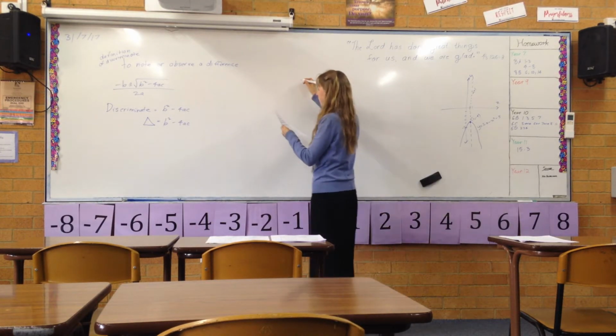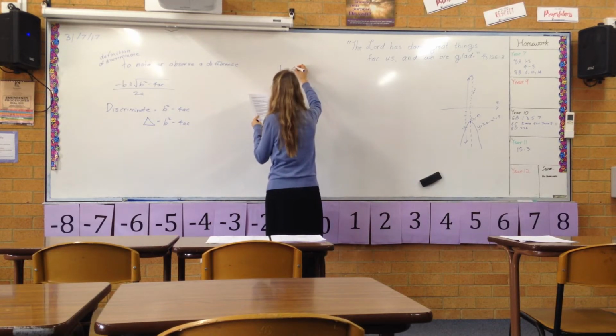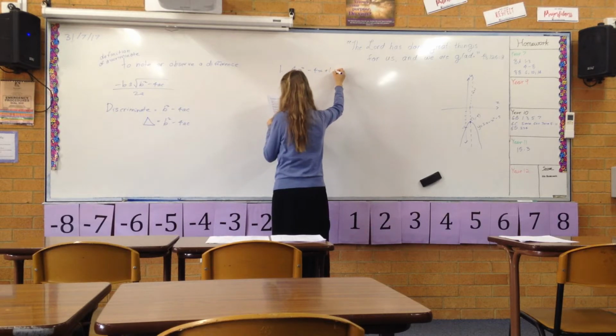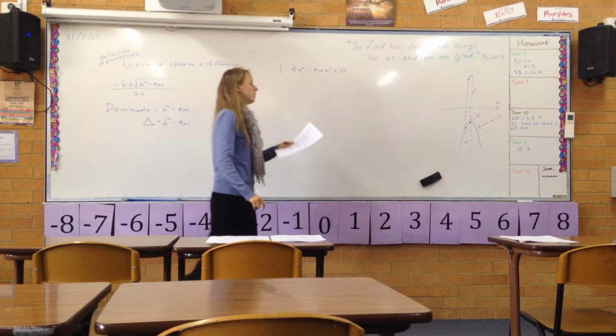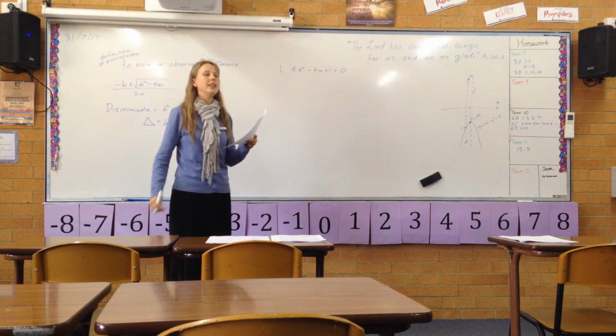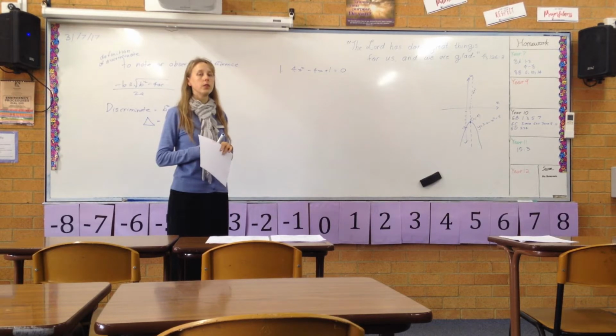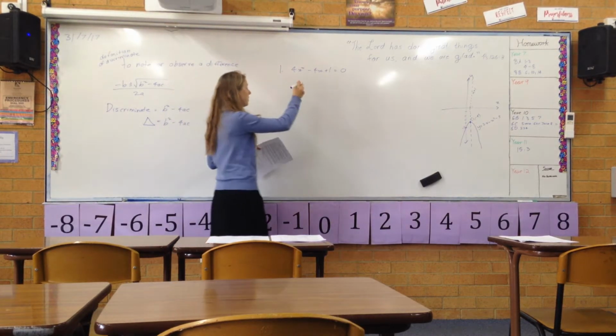Okay, so the first one, find the discriminant of 4x squared minus 4x plus 1 equals 0. So the question says find the discriminant. Are we all ready? Okay, so find the discriminant of this.